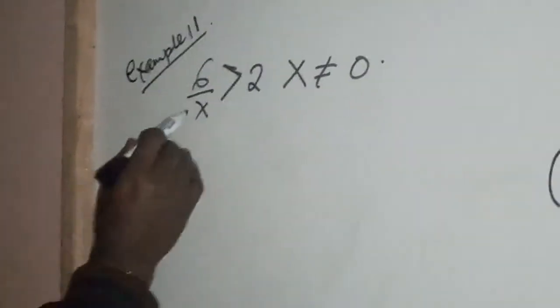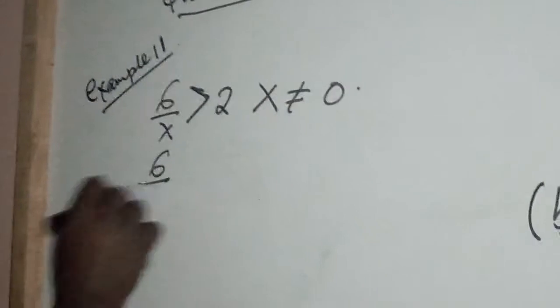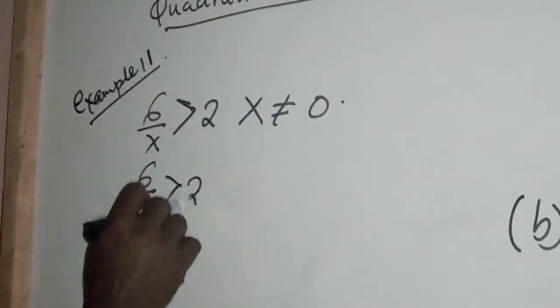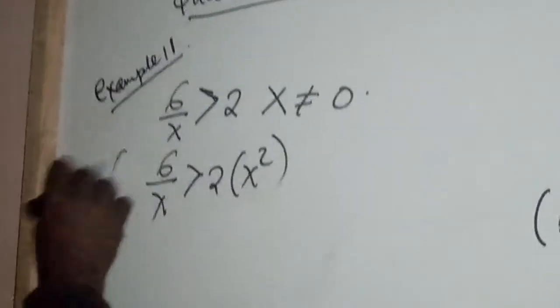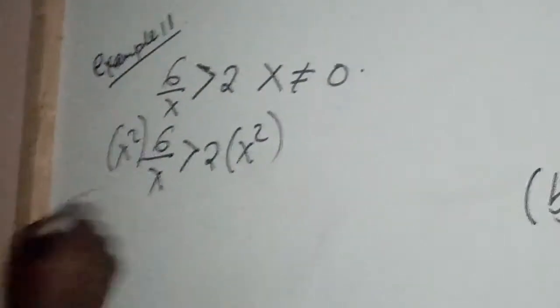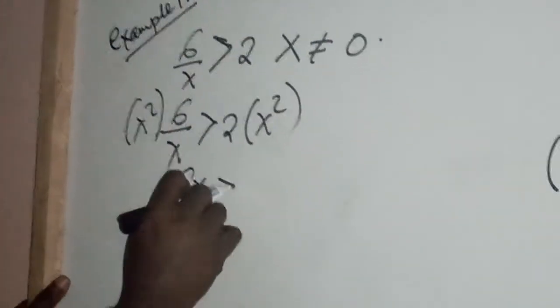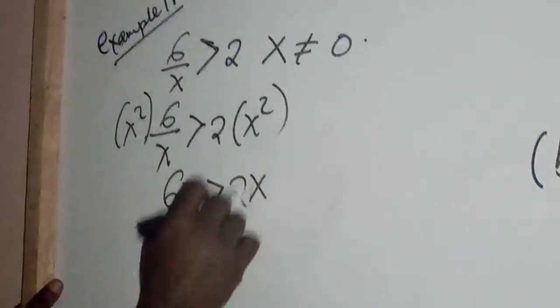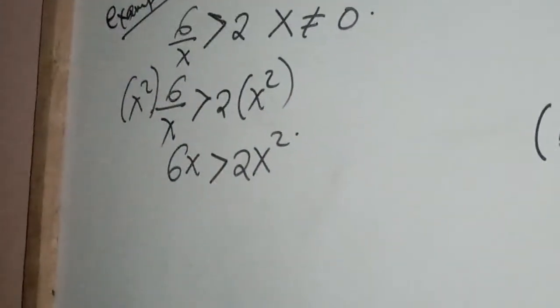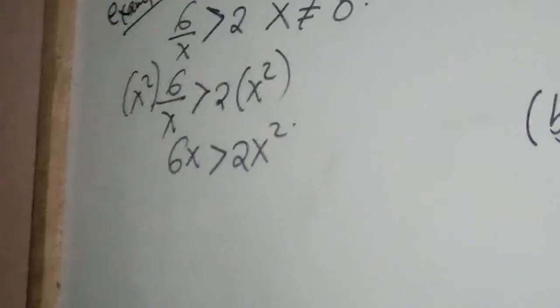So multiplying both sides by x squared, we have 6 over x times x squared greater than 2 times x squared. And of course, we are going to have 6x is greater than 2x squared. And that gives us something like that.